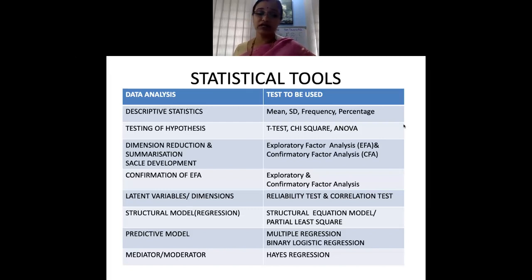Then you have Tableau, which helps you in data visualization. So as of today, as far as statistics is concerned, there is plenty of support that is available for a researcher. But the only thing is, for a researcher, interpretation of this analysis is a challenging task.